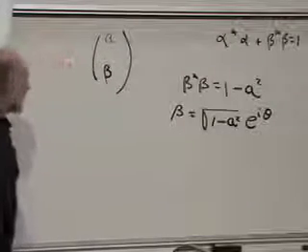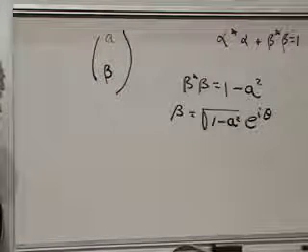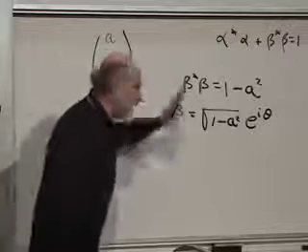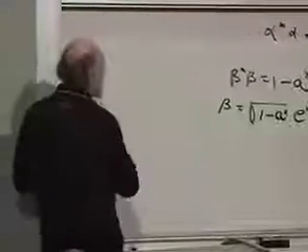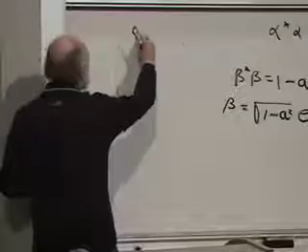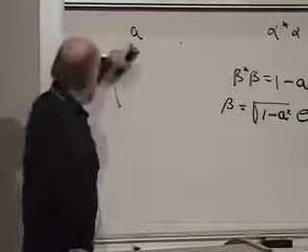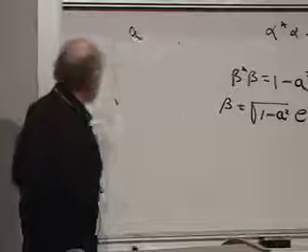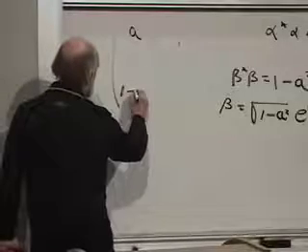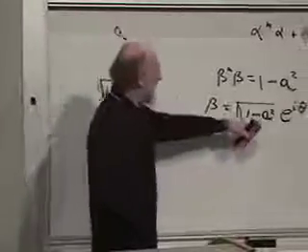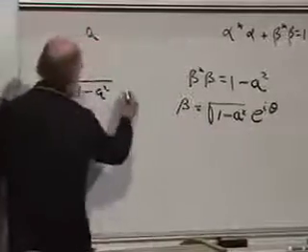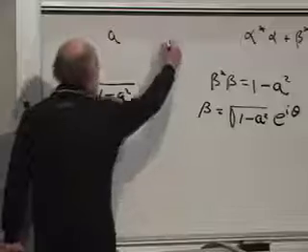General fact, follows from the definition of beta star and beta. All right, so we can now write that the most general possibility is a real number up here. Again, I choose a real number arbitrarily here. Then to make sure that it's normalized, I put the square root of 1 minus a squared down here, but then I still have the freedom to put in a phase, e to the i theta.